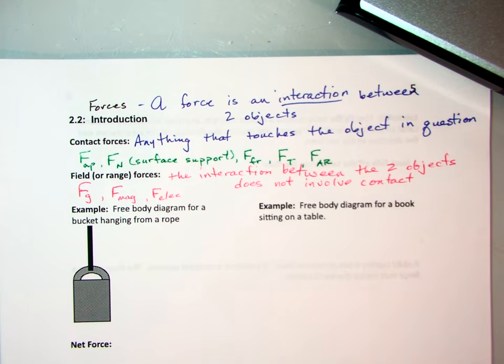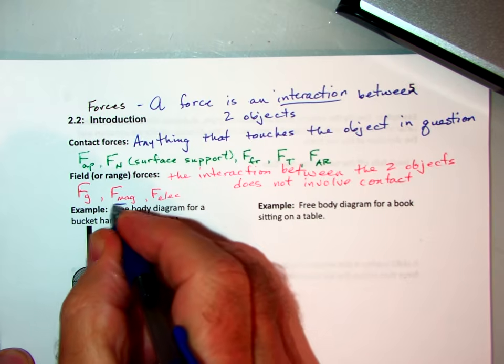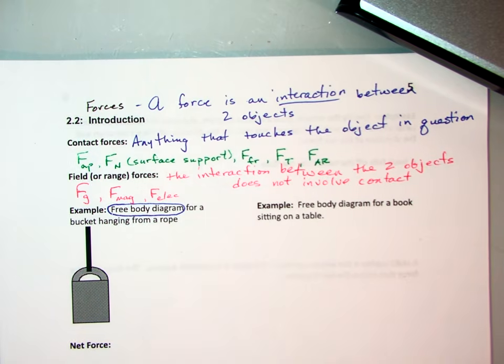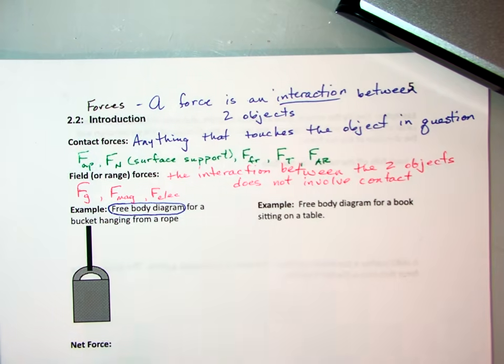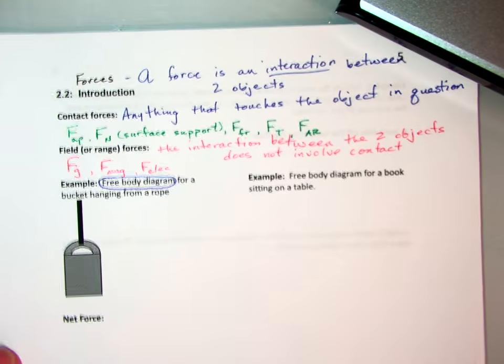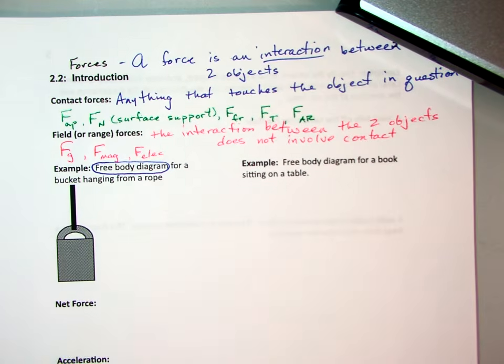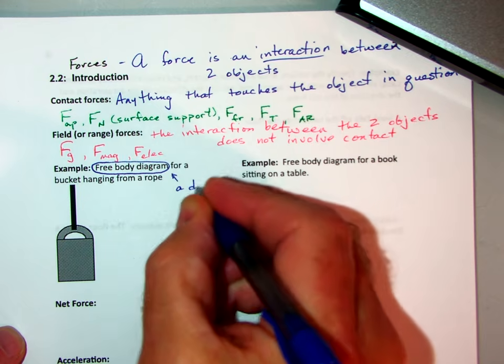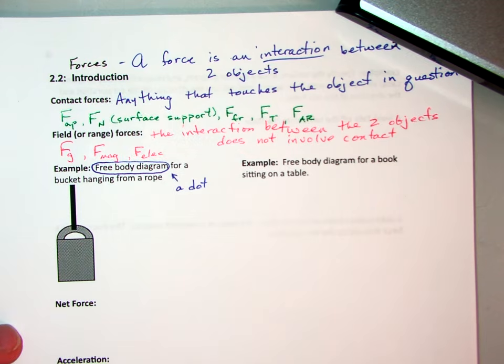So when we are dealing with forces, what we do is we draw a free body diagram of our system in order to be able to identify all of the forces that are acting on that system. The free body diagram consists of a dot. A dot represents whatever object or whatever system we are looking at the forces on.